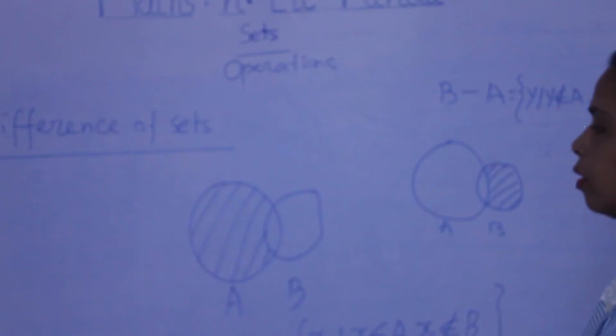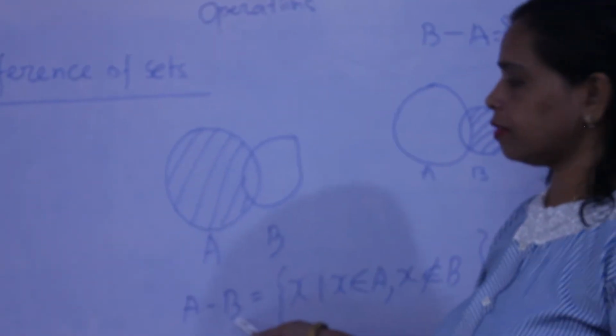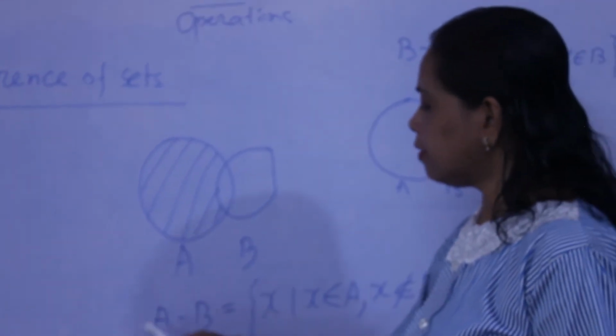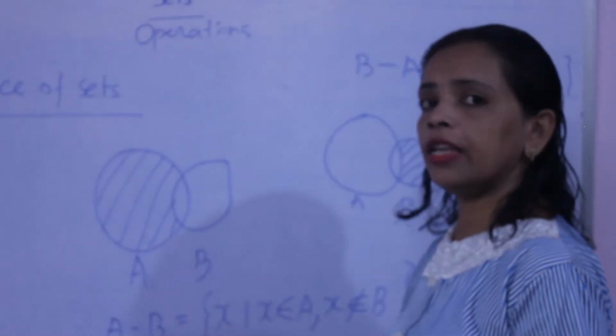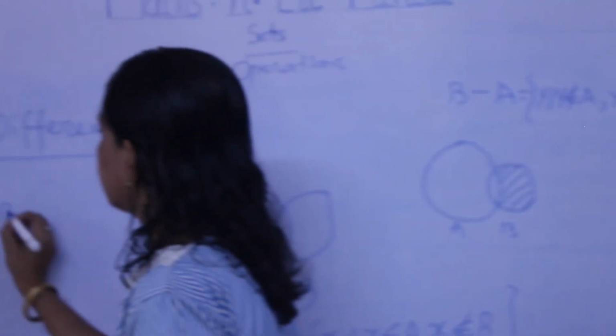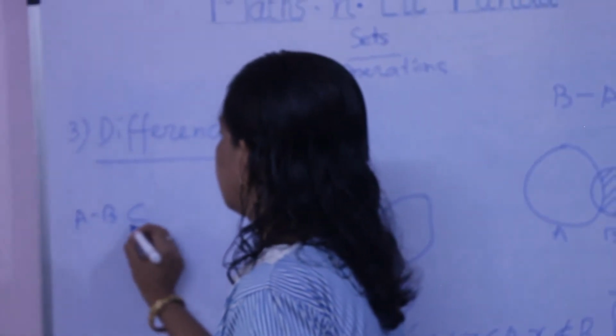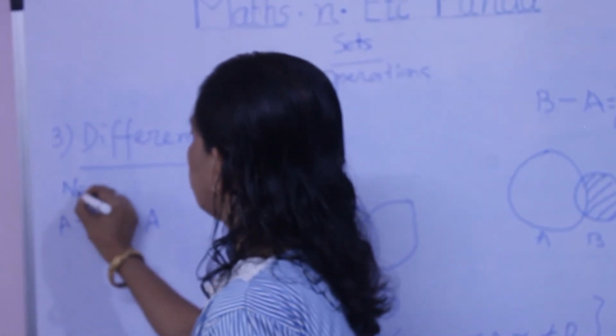Now students, you can observe that this A minus B is a set. Okay? So we can say like this, A minus B is a set that is a subset of A, this is our noted part.